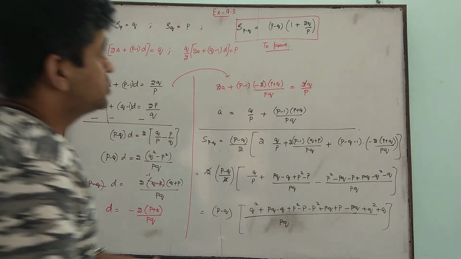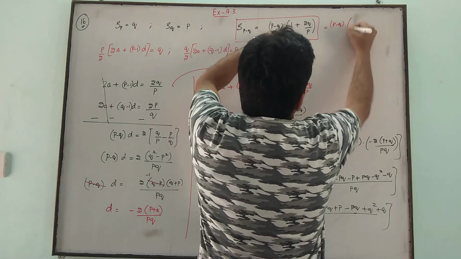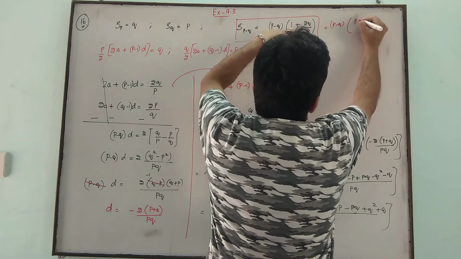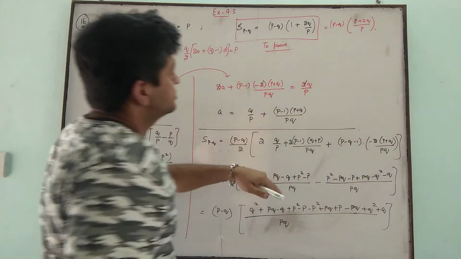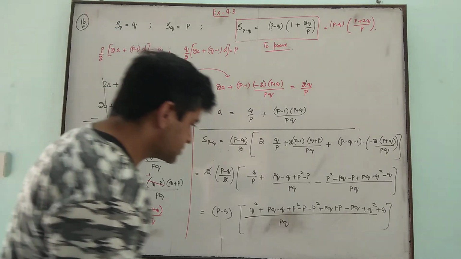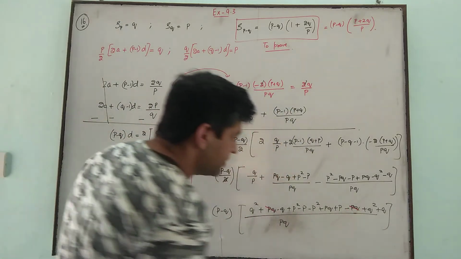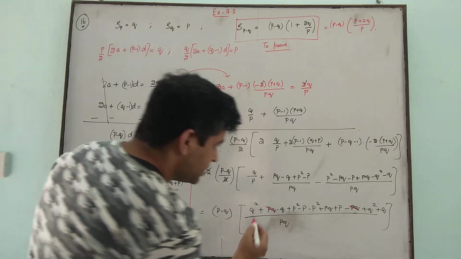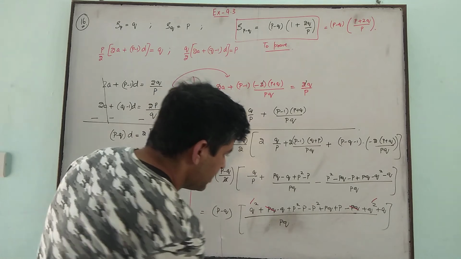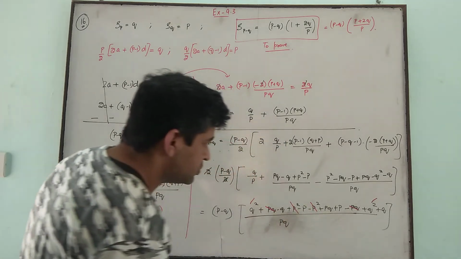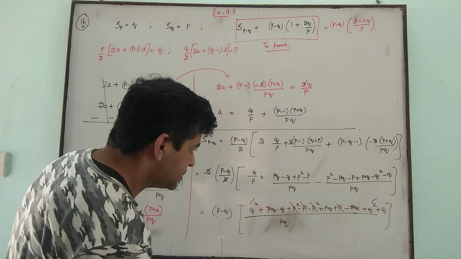Then cancel out. On solving, what you will get is p minus q. If you take the LCM, p plus 2q upon p. Here pq positive and pq negative cancel out. Then q square and q square, p square and p square cancel out, p and p cancel out.